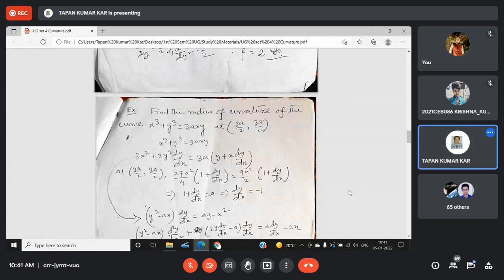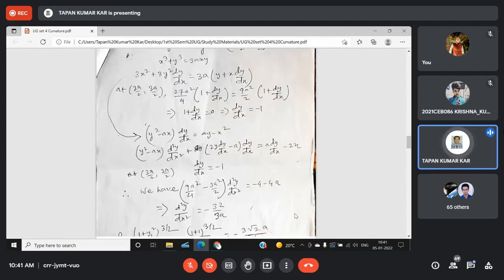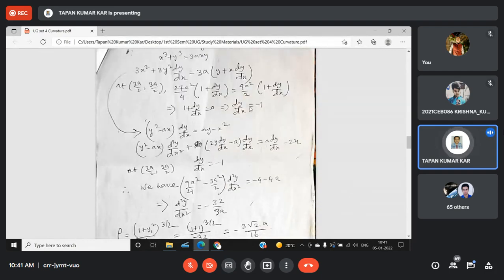Okay, next, find the radius of curvature of the curve x cube plus y cube equal to 3axy at the point (3a by 2, 3a by 2). So here also you have to find the first derivative and second derivative at the point (3a by 2, 3a by 2).